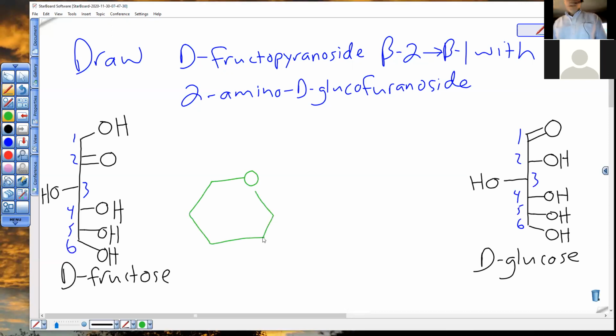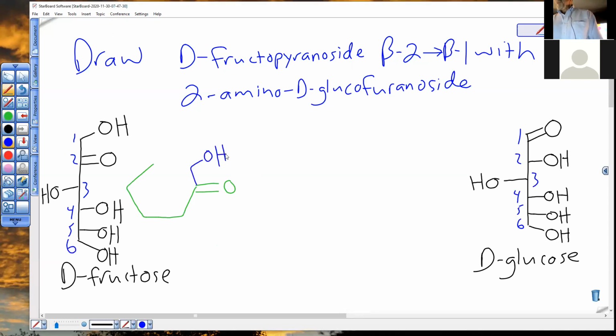I should do that last step to point out something. You're going to have your icon. And we're going to go carbonyl, and then you have to fill in the CH2OH that's missing. That's carbon 1. And then all the OHs, up left for carbon 3, down right for the next 2.